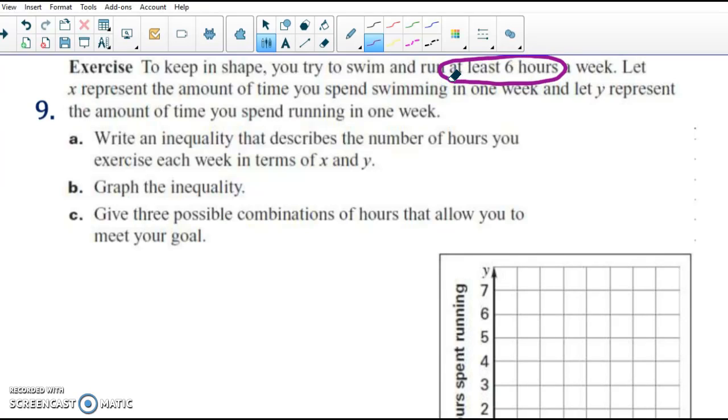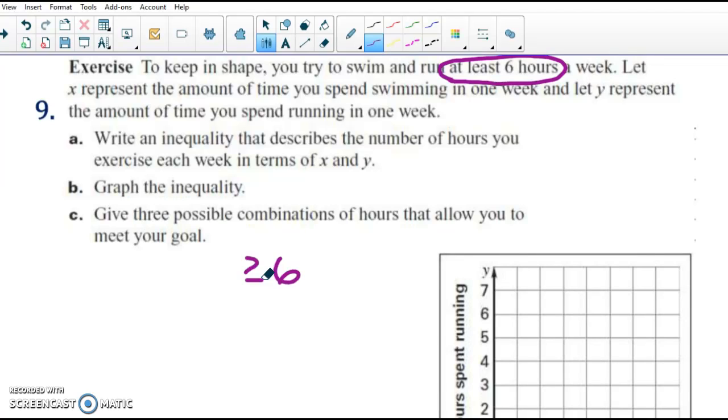So when I run and swim together, I want to hit at least 6. So 6 will be the very smallest, and it could be equal to 6. So I'm going to be looking at greater than or equal to 6. And that will give me at least 6.